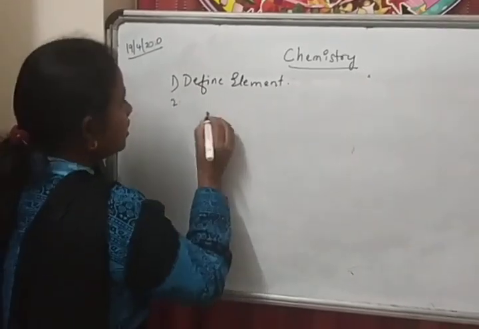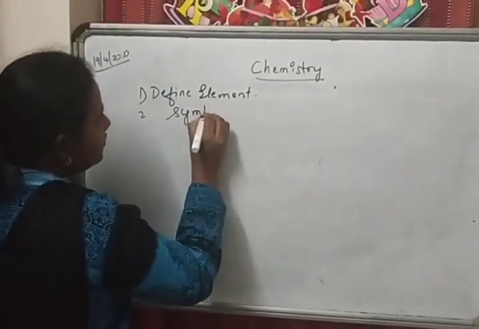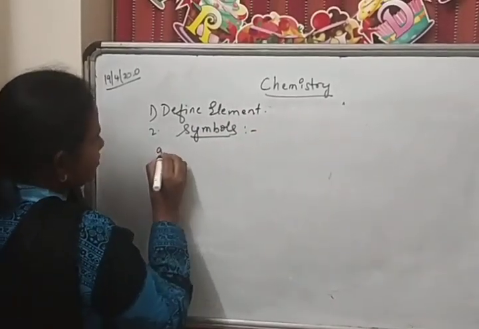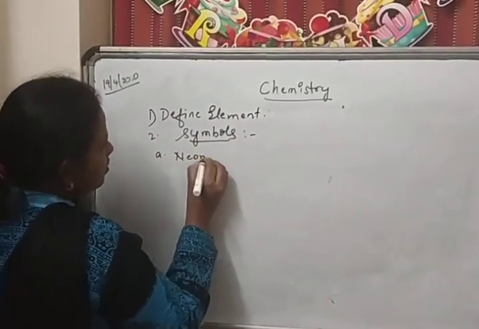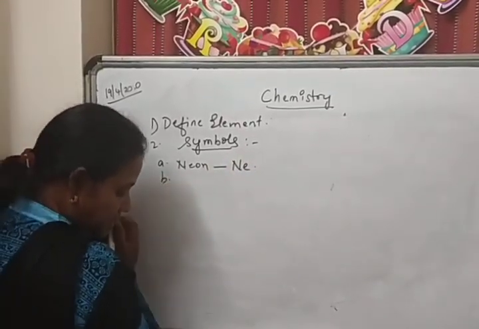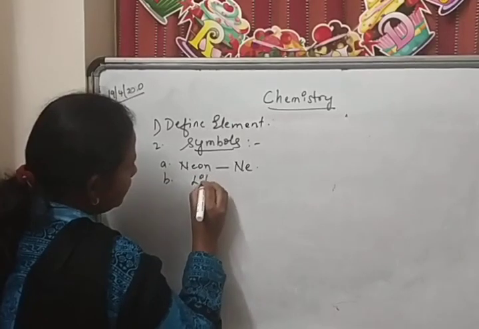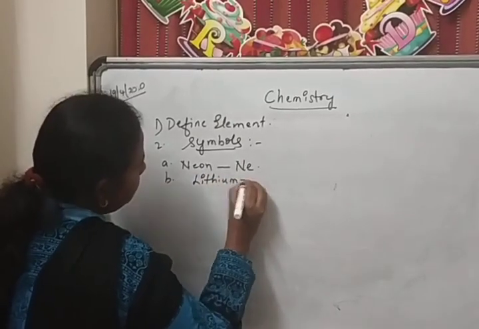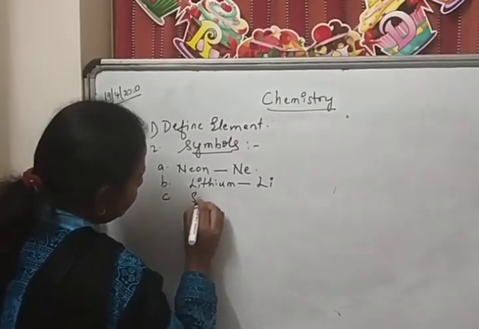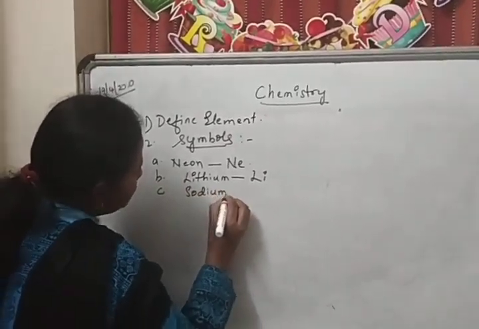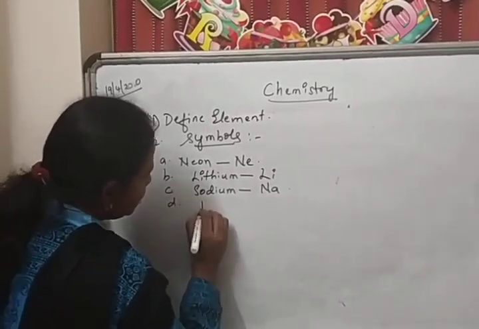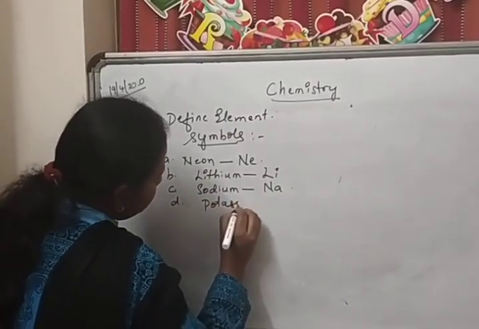Next question, give the symbols. First one is neon. What is the symbol of neon? Ne. Next, lithium. Li. Next, sodium. Na.